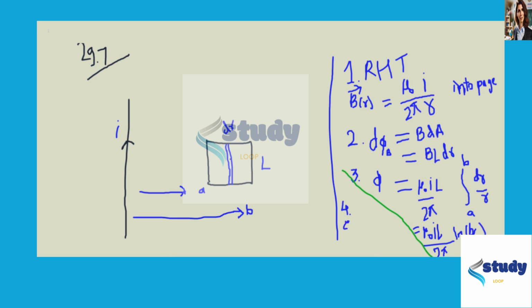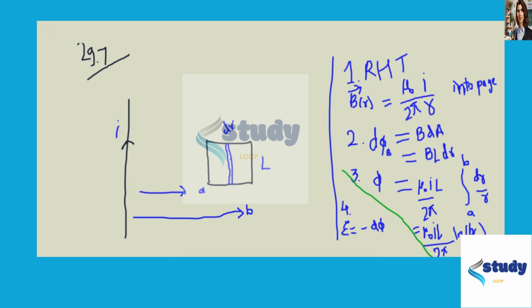What is the EMF induced in the loop? And the EMF would be, like I said, it will try to oppose the change in flux, right? So this is the change in flux.